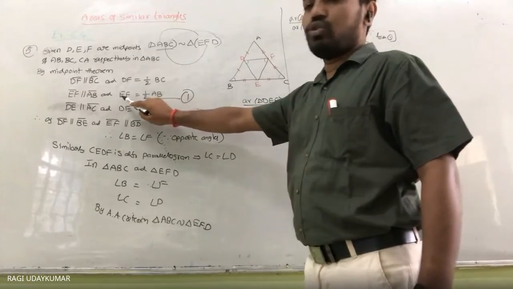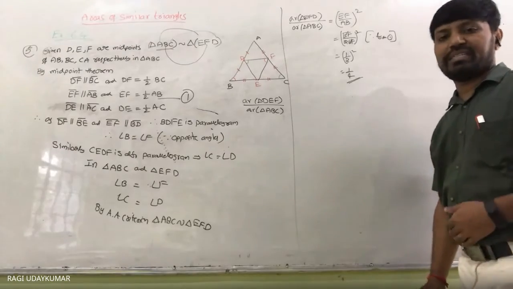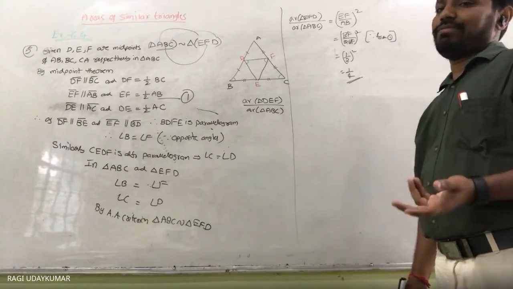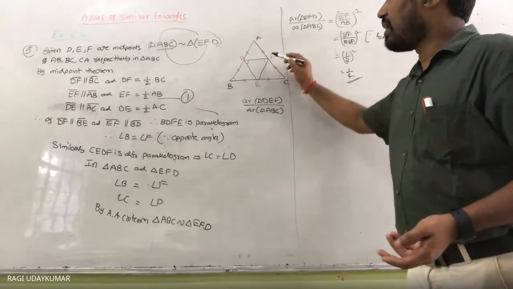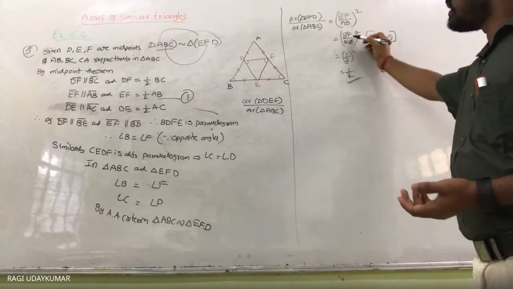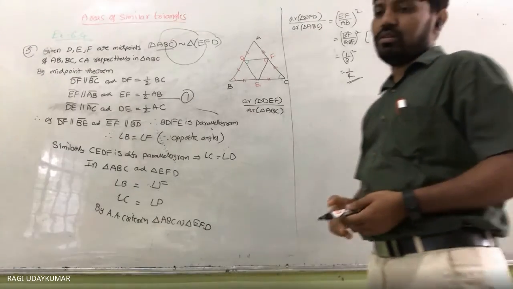AB is equals to 2 times of EF now. EF is half of BC is nothing but AB is the double of EF. AB is the double of EF now. Yes, sir. So that I have written, and EF will get cancelled. 1 by 2 whole square will get, that is equals to 1 by 4.